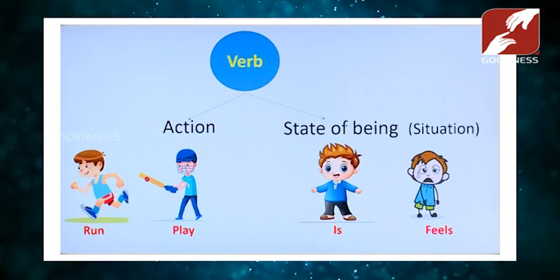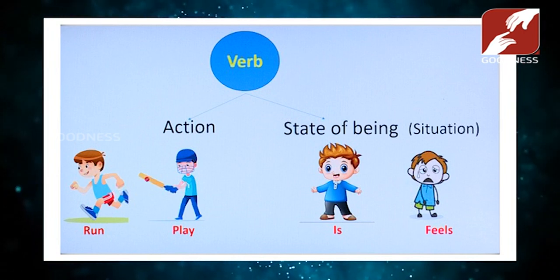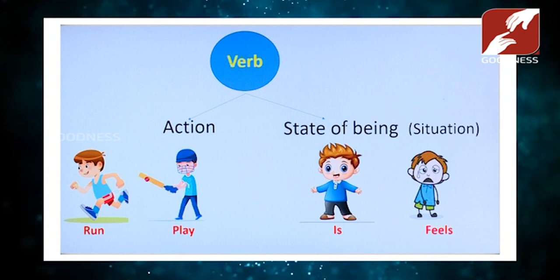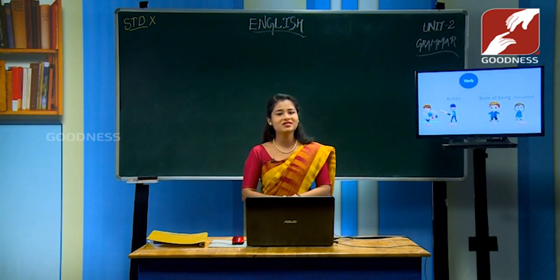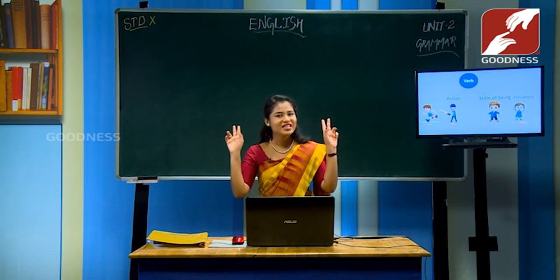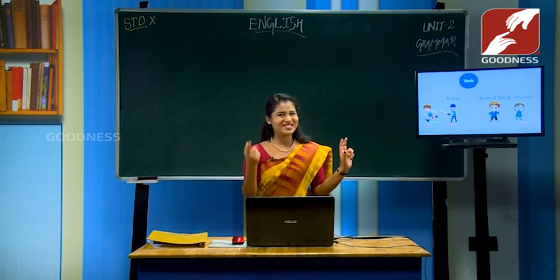Hence, this feels is the verb over there. And it comes under which verb? Yes, it's a state verb. So, here run and play are the examples of, yes, action verb, and is and feels are the examples of, yes, state verb. And I think it's clear for you, isn't it?